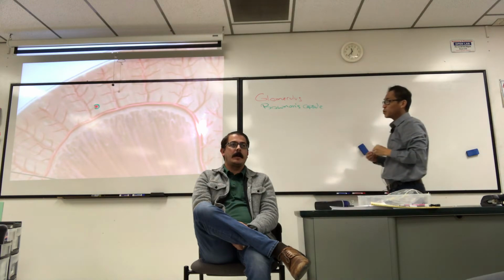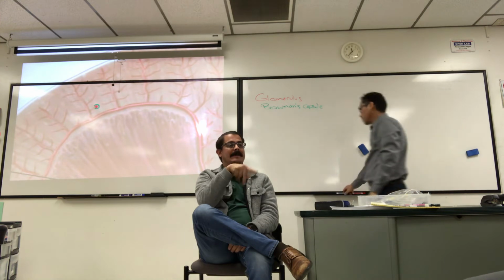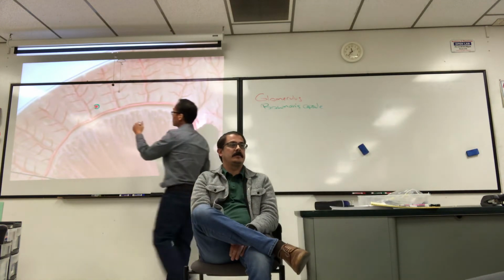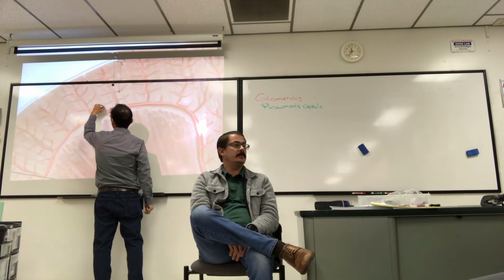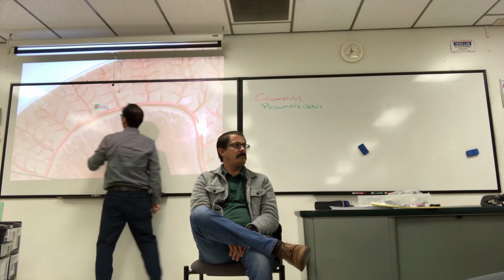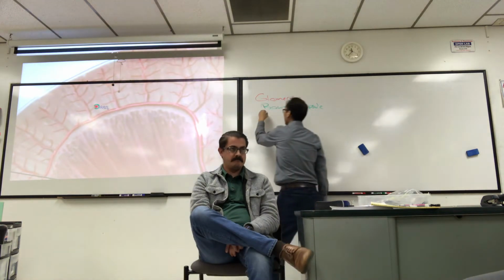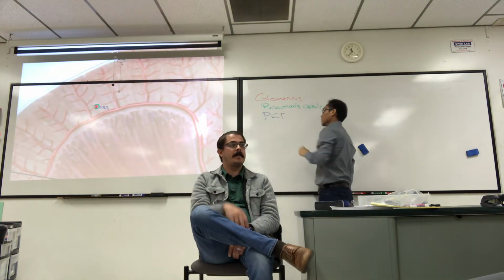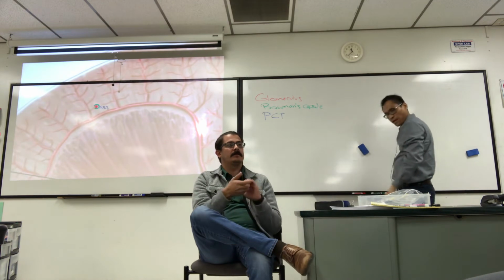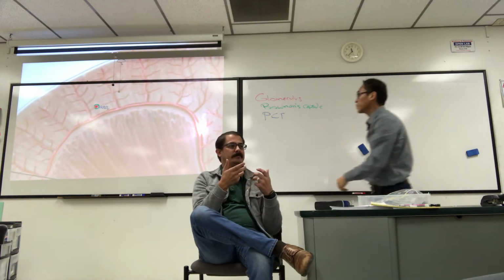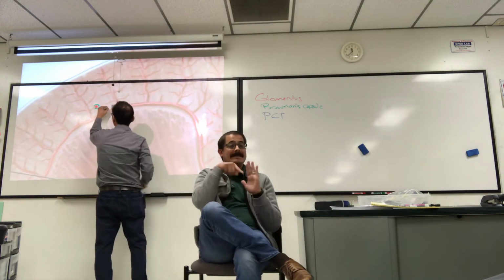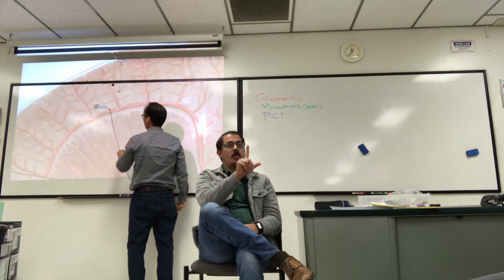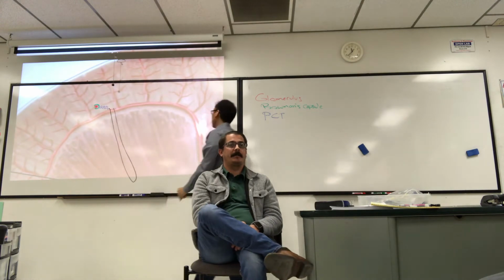The first part of the tubule is the PCT. Then the nephron loop will extend down into the medulla. Loop of Henle.